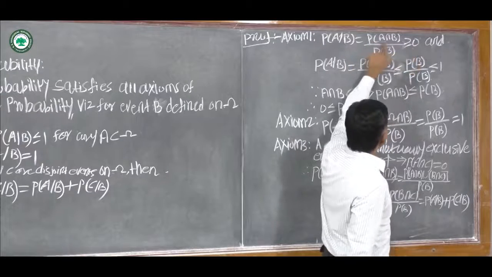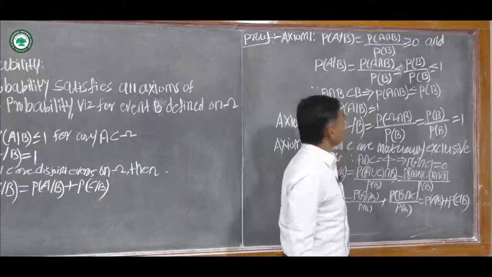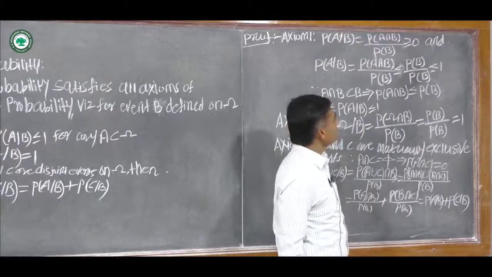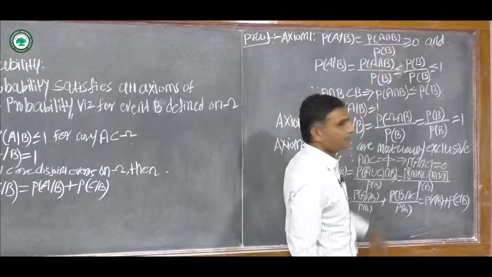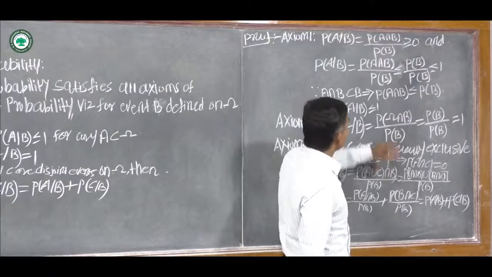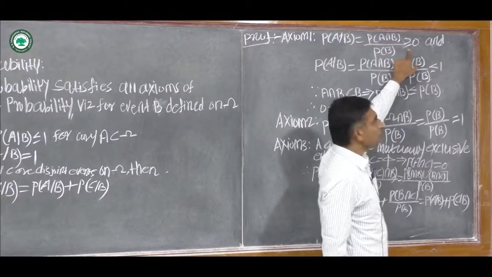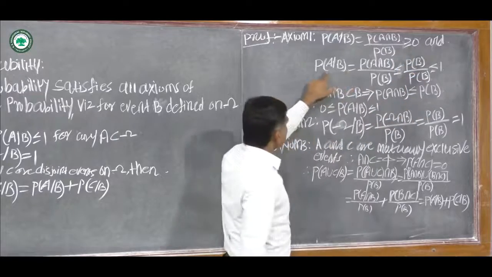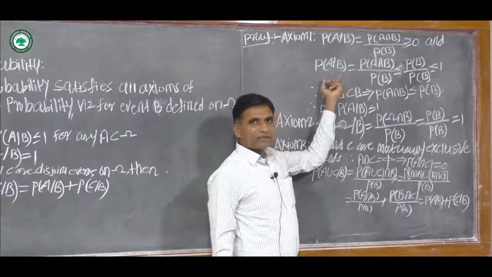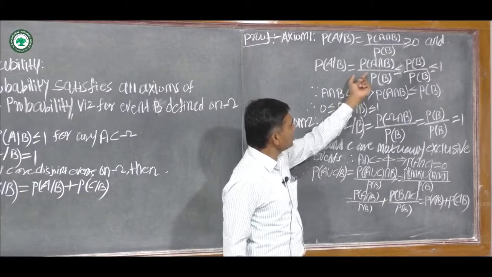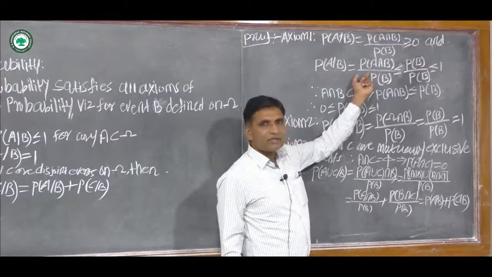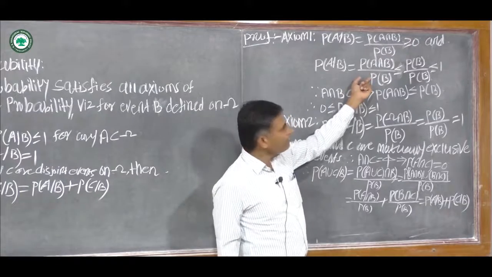Since the probability of A intersection B is greater than or equal to 0, and the probability of event B is also greater than or equal to 0, this ratio is again greater than or equal to 0. The conditional probability of A given B is equal to the probability of A intersection B upon the probability of B.